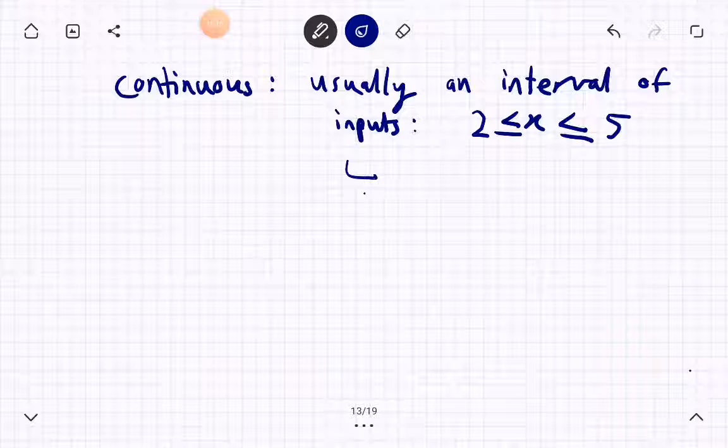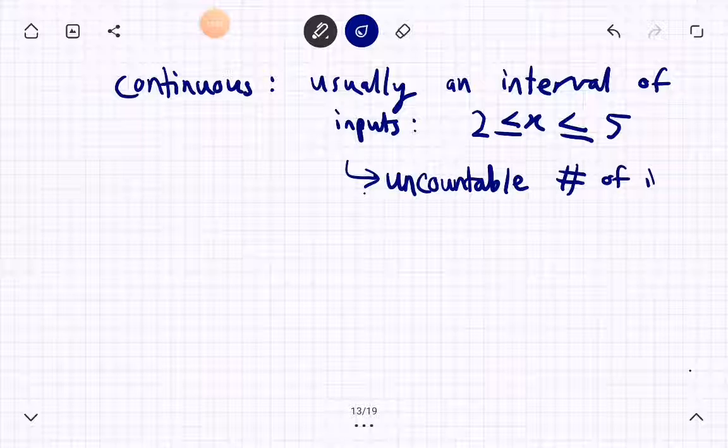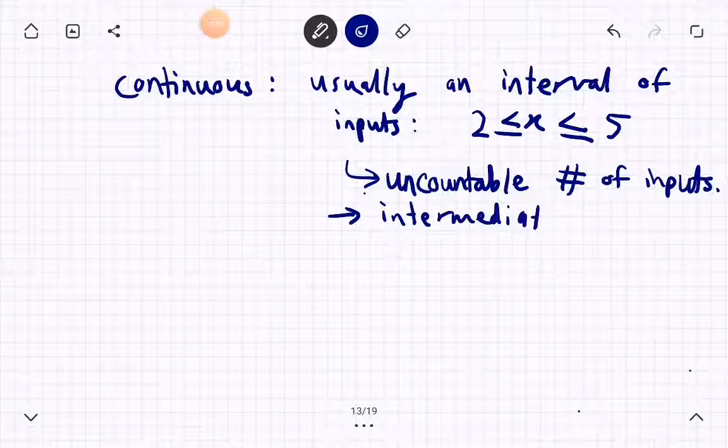So this kind of thing is a case where you have an uncountable number of inputs, or we also say that you have intermediate values.